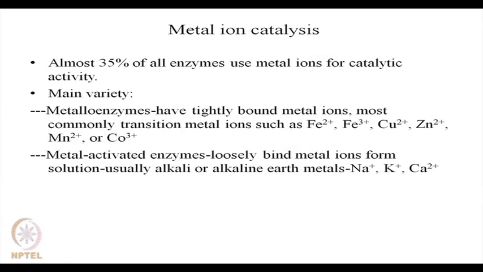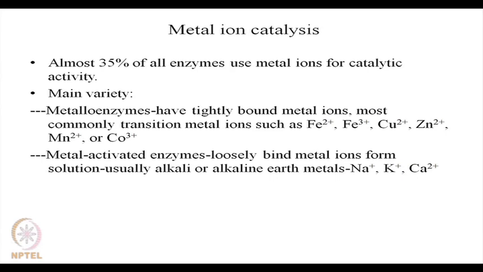Okay. Metal ion catalysis for biological cases: almost 35% of all enzymes use metal ions for catalytic activity. So, almost one third of the total enzyme population uses metal ions for catalytic activity.